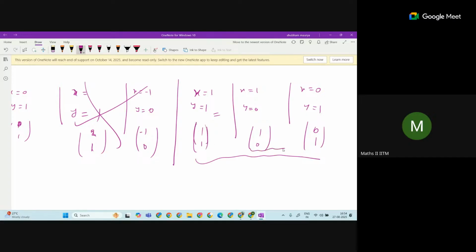So that is why, if you take these two, this is much simpler in comparison to taking this one and this one. The best simple one is taking these two only.